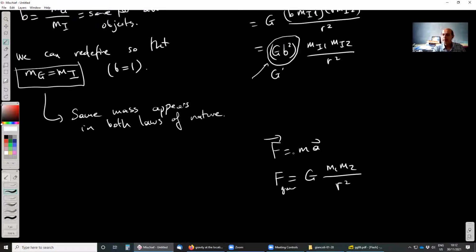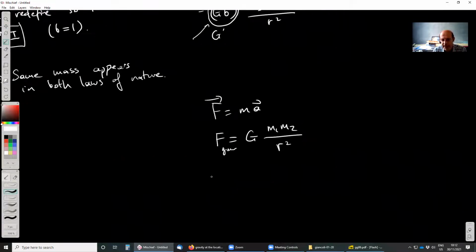Okay. By redefining the kilogram unit to be something else, perhaps, I can redefine the Newton unit in such a way that this equation is still valid, and there won't be any problem in here. But this constant is going to change in that case. Okay. So that's basically what I mean.